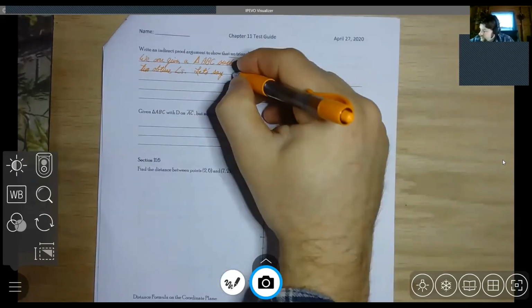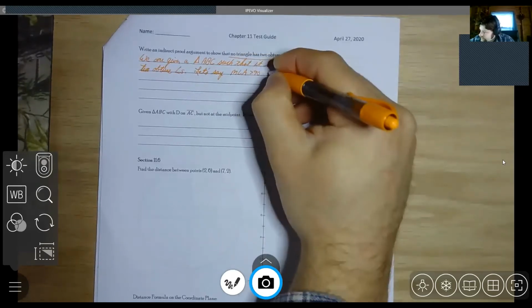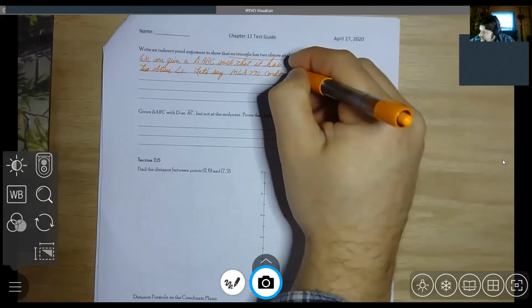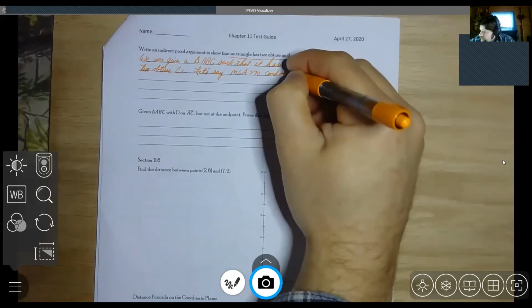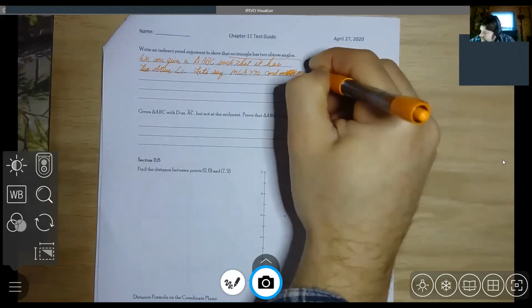So let's say the measure of angle A is greater than 90 and the measure of angle B is greater than 90 degrees.